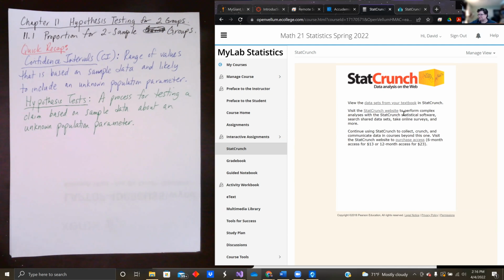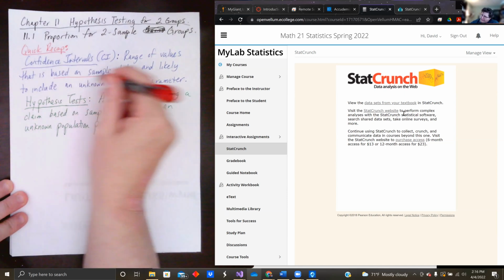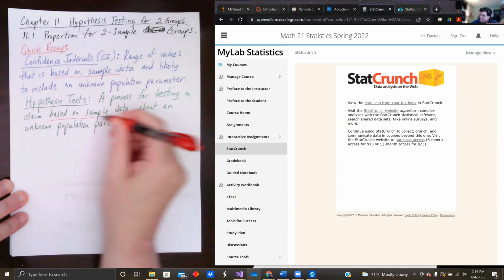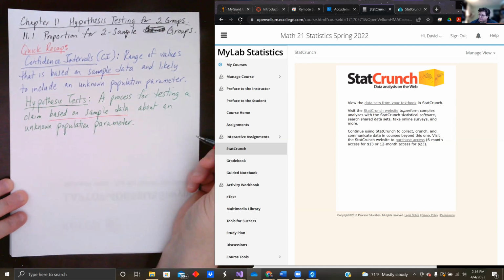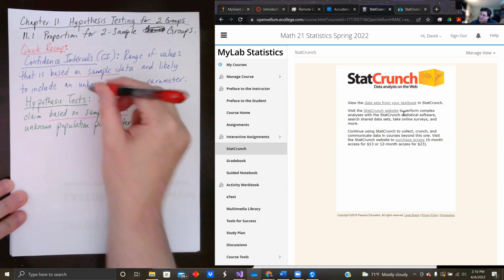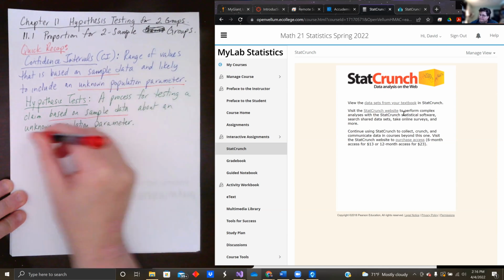We can see that they're both based on sample data, and they both deal with an unknown population parameter.